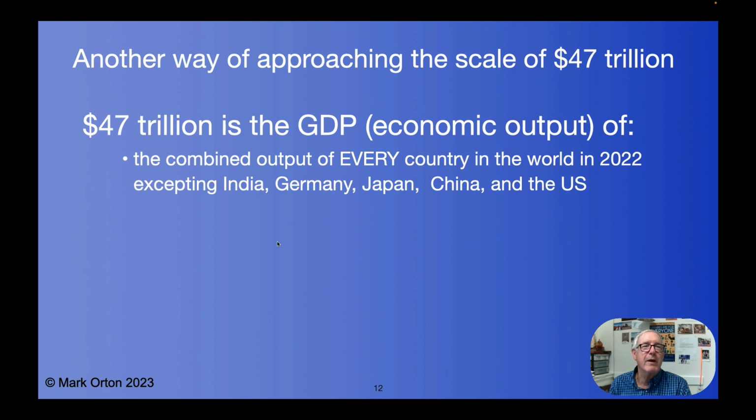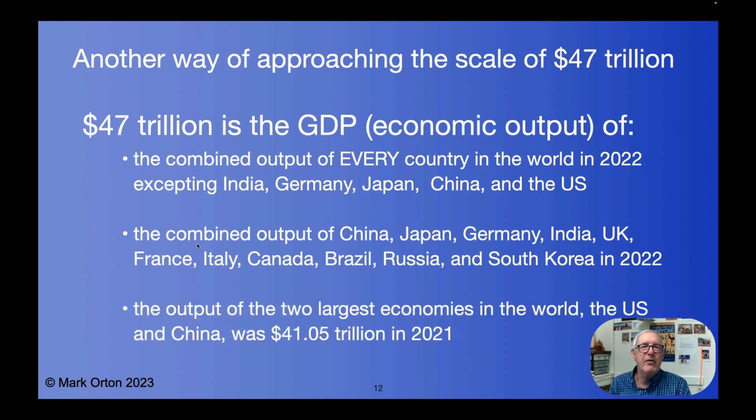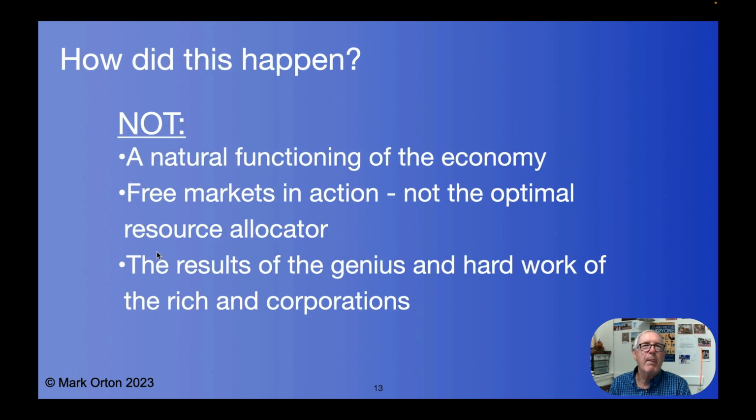Or another way of looking at it is it's the combined output of China, Japan, Germany, India, UK, France, Italy, Canada, Brazil, Russia, and South Korea. So the top 10 economies in the world, not including the US. And just for comparison's sake, the output of the 2 largest economies in the world, the US and China, was a mere 41 trillion in 2021.